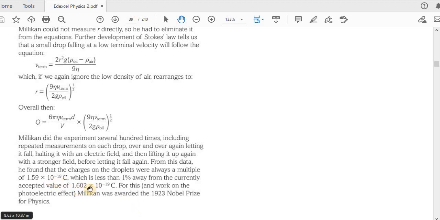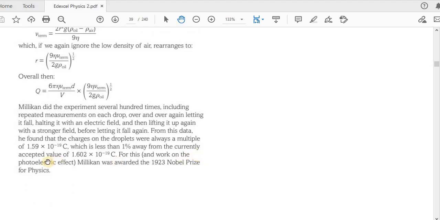This is the actual charge, and he got a value very close to that, less than 1% away from the currently accepted value of the charge on an electron. For this and work on the photoelectric effect, Millikan was awarded the 1923 Nobel Prize for Physics.